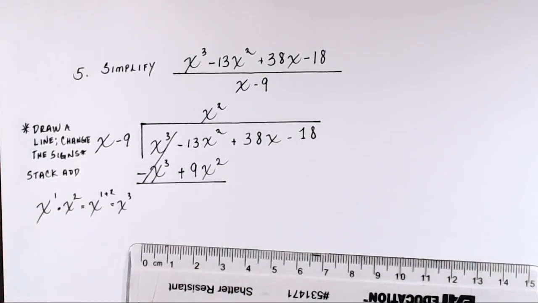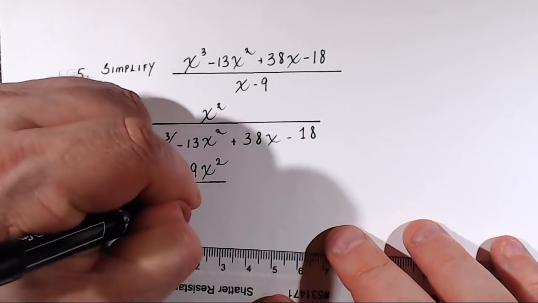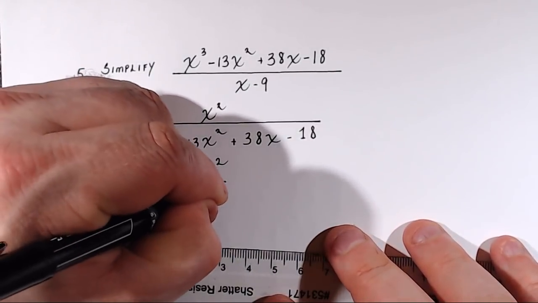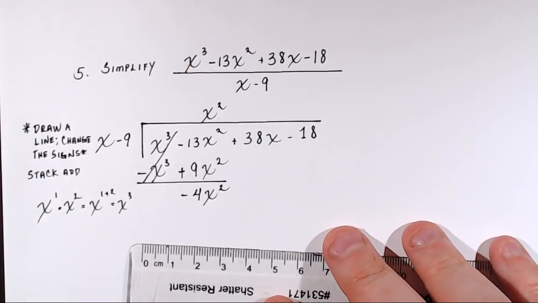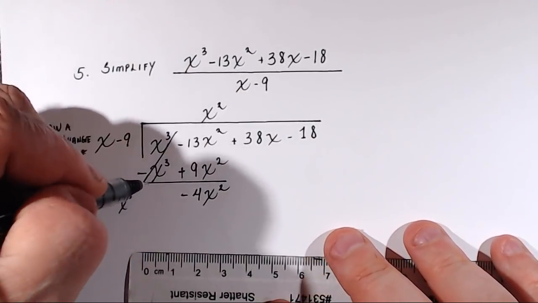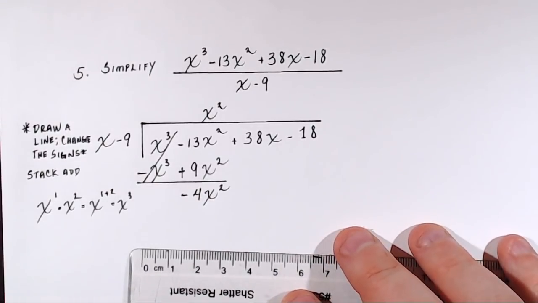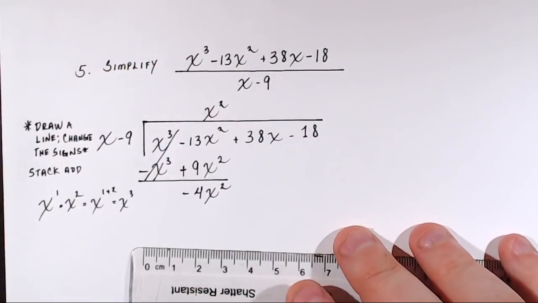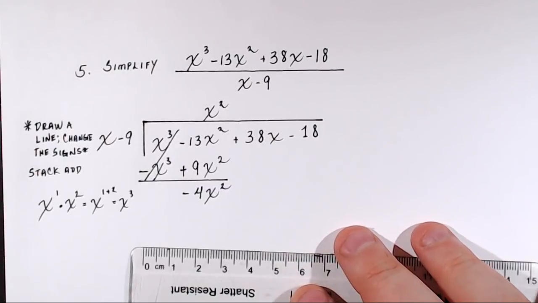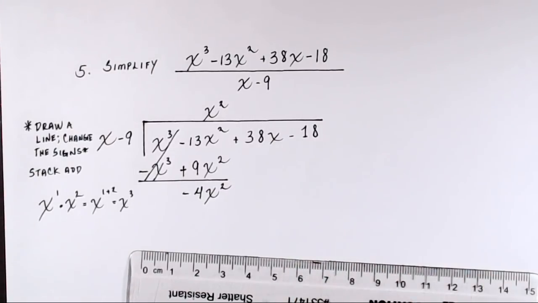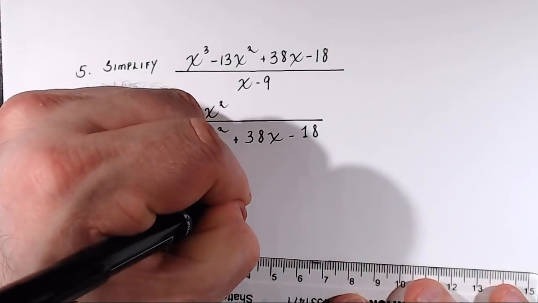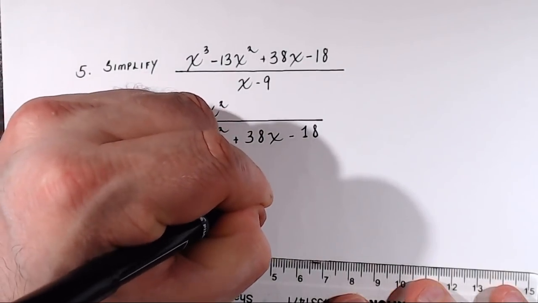And then negative 13x squared plus 9x squared is negative 4x squared. This first term should always get canceled. It should always go away. If it doesn't go away, check your work, because it should. Now, your mind should be begging you to do something. And what it's begging you to do is bring down the next term, plus 38x.